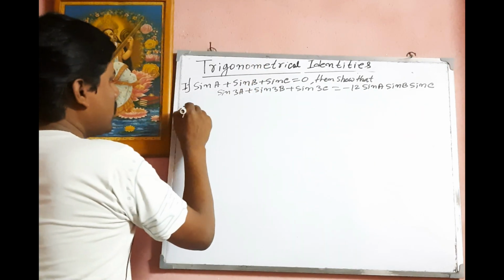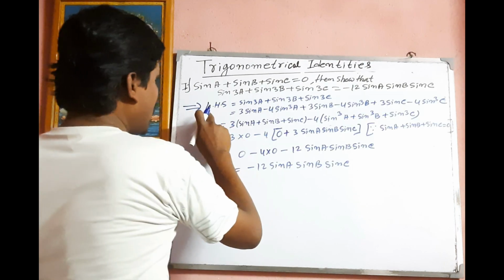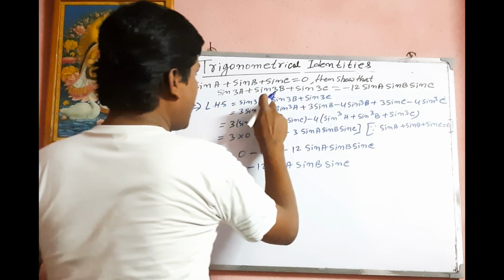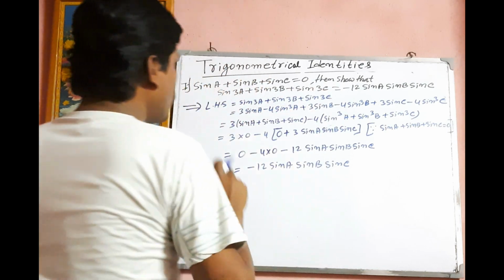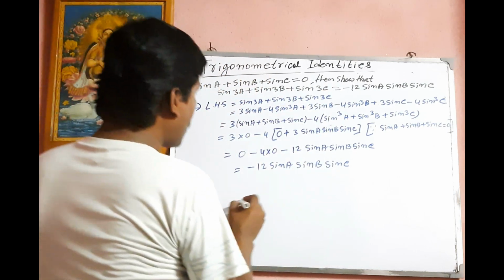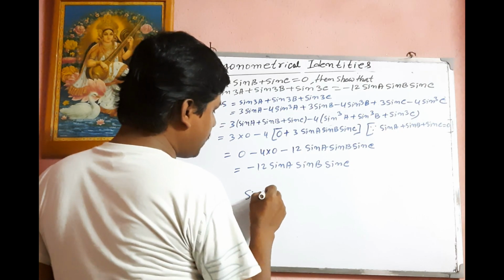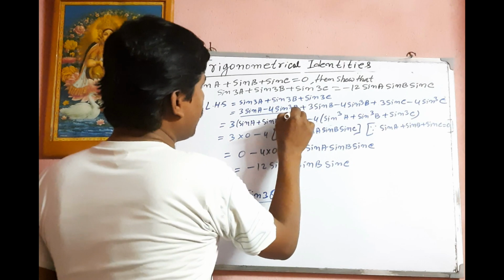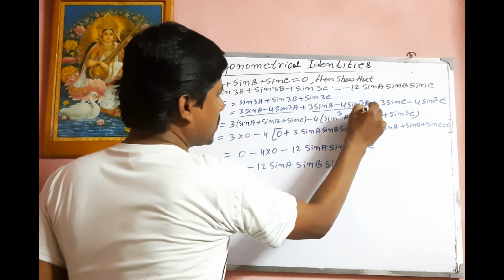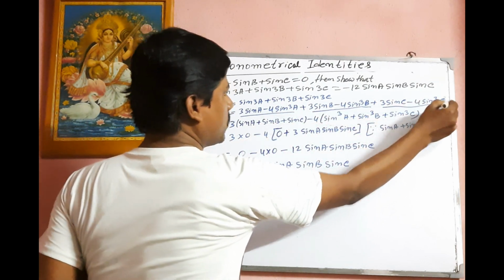Now according to the given information we can write, LHS is equal to sin of 3A plus sin of 3B plus sin of 3C. And now we are using the sin 3 theta formula. We get this for the first part, this for the second part, and this for the third part.